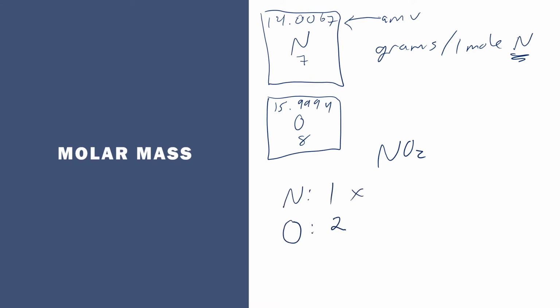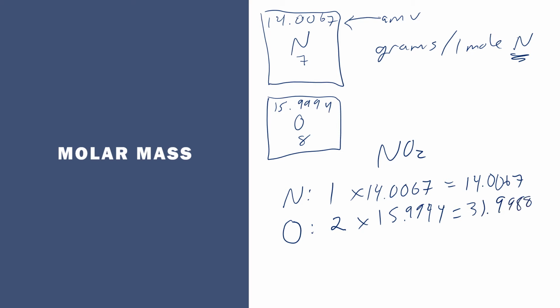What you can do is you multiply by the mass from the periodic table, so the mass of NO2 from just nitrogen would be the same, 14.0067, and the mass from the 2 oxygen atoms would be 31.9988. And to find the total mass, you would just add those 2 together, and you get 46.0055.